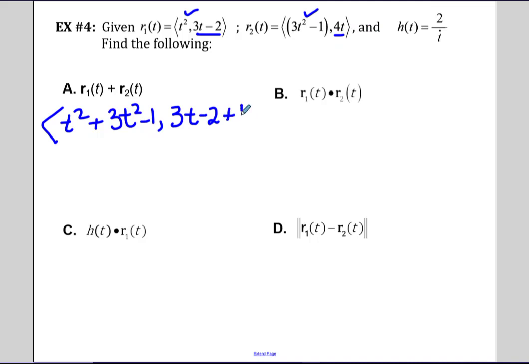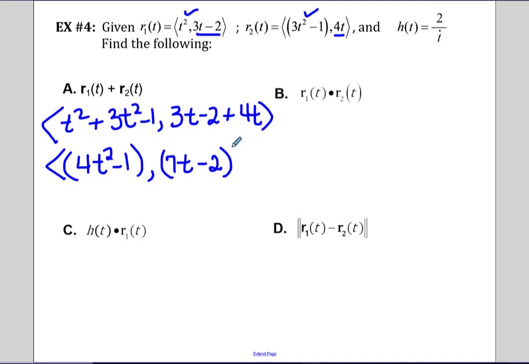So we're going to add those together, which would give us 4t squared minus 1 for the x component, or the horizontal direction, and then 7t minus 2 for the y component, or the vertical direction.